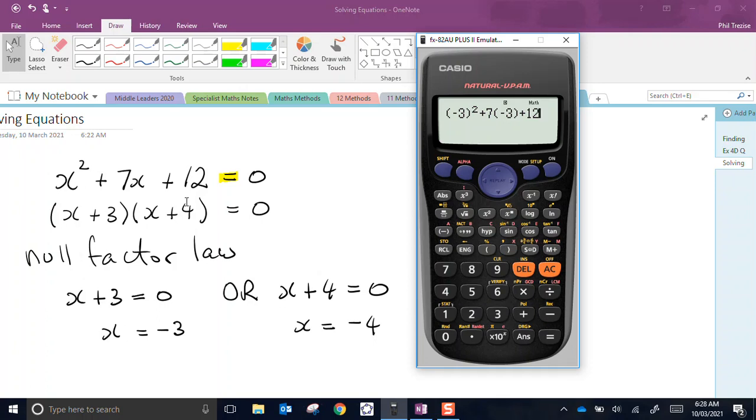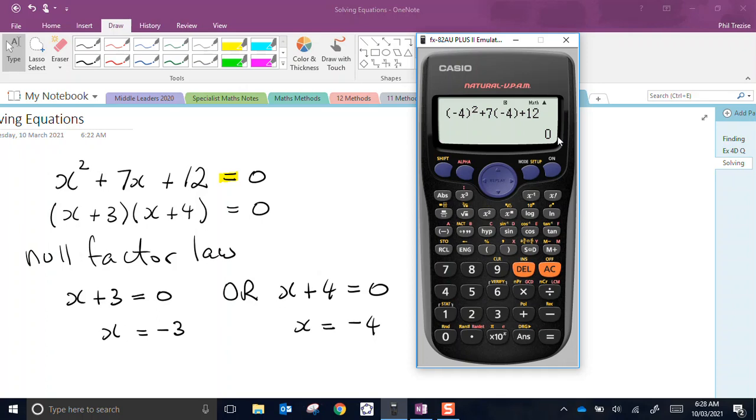That looks like my original equation with a negative 3 substituted, and it equaled 0. Now if I go back and change that to be a 4, it also equals 0. This equation has two different answers, both of which solve the equation.